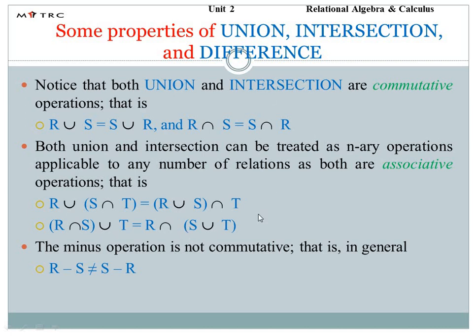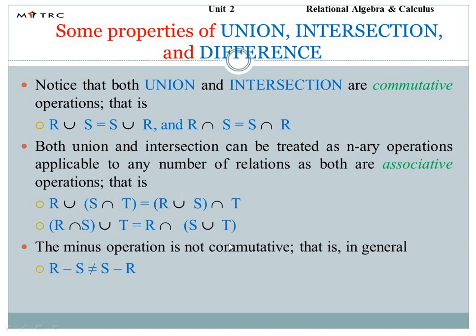Clear? Now let us see some properties of union, intersection and difference. The first is that union and intersection are commutative. Commutative means R union S is equal to S union R, and R intersection S is equal to S intersection R. Next, both union and intersection can be treated as n-ary operations applicable to any number of relations, that is the associative operation: R union (S union T), and likewise for intersection.